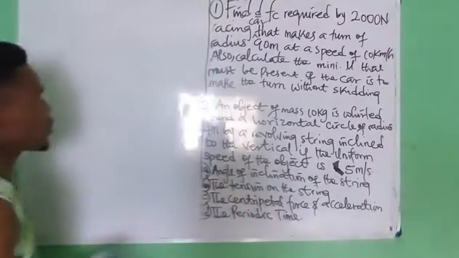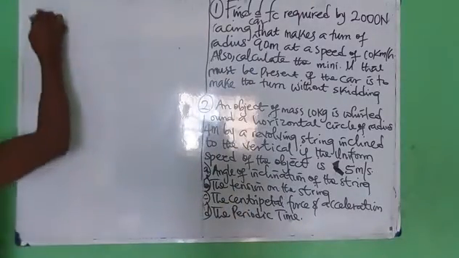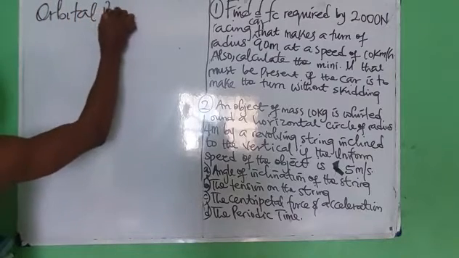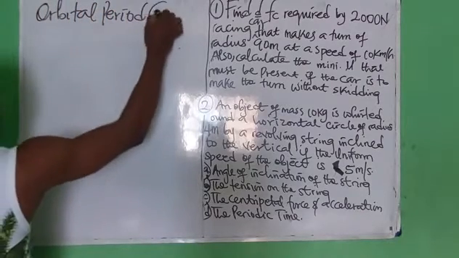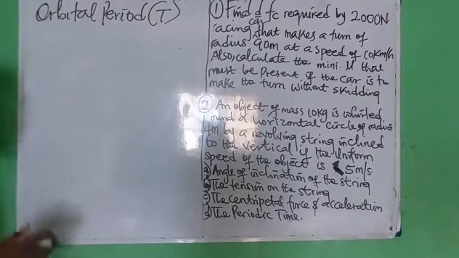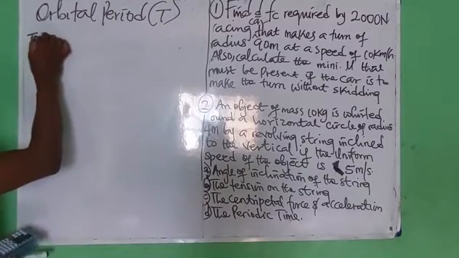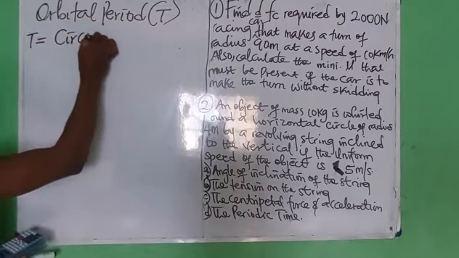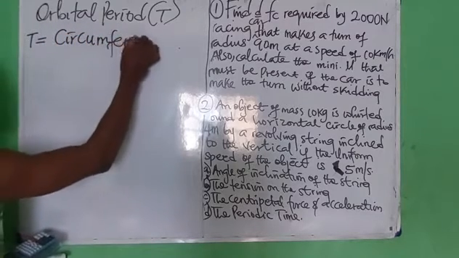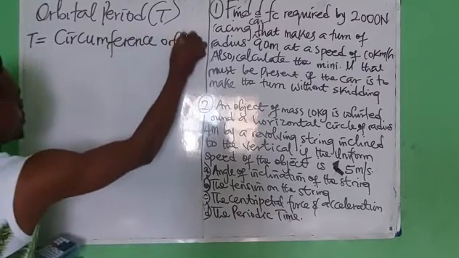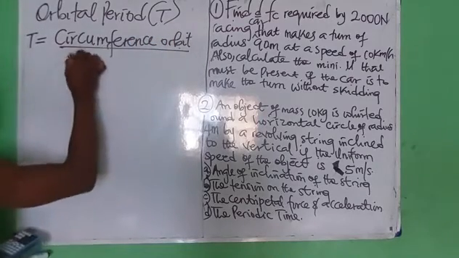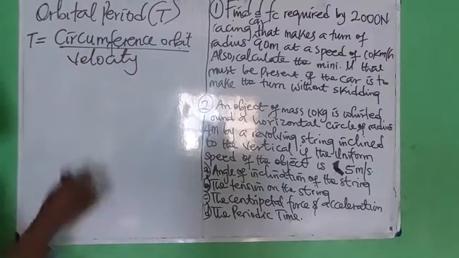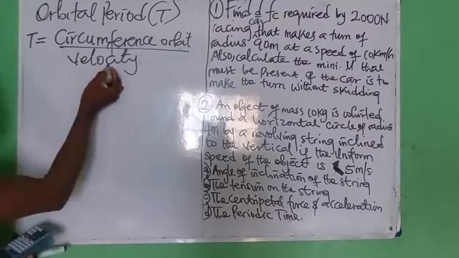So the last part of the previous video was based on orbital period, and it is denoted as what? Capital letter T. I told us that the orbital period is the ratio of circumference of the orbit to velocity.